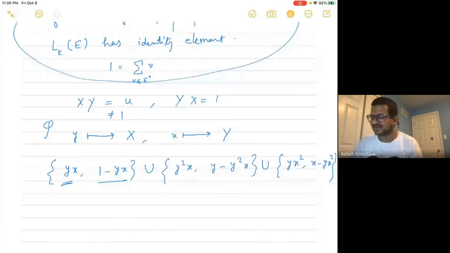Yx multiplied with 1 minus yx, keep in mind xy equals 1, right? So if you multiply yx with 1 minus yx, what would you get? You will get yx minus yxyx. Now remember xy is 1, so this is 0, right? So we'll have all those relations.